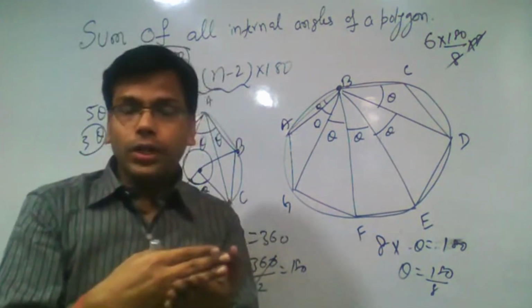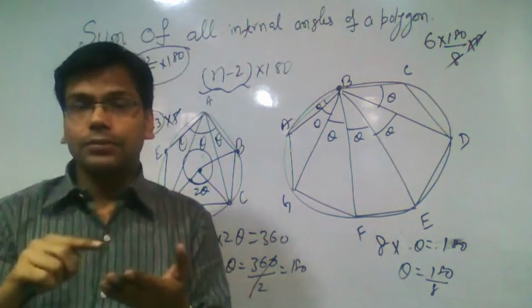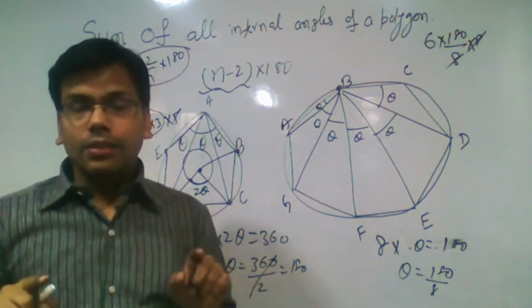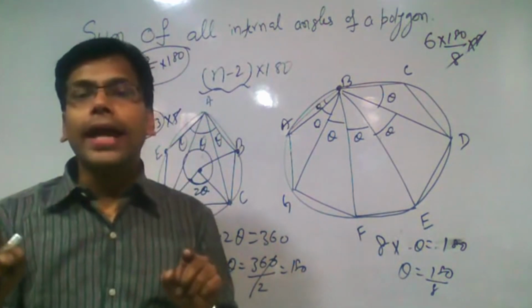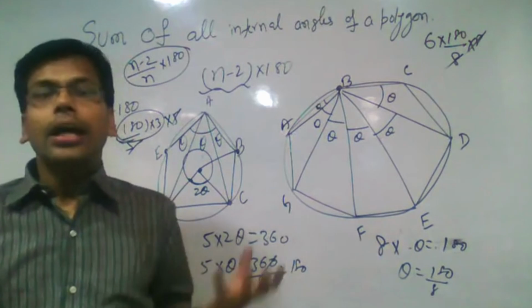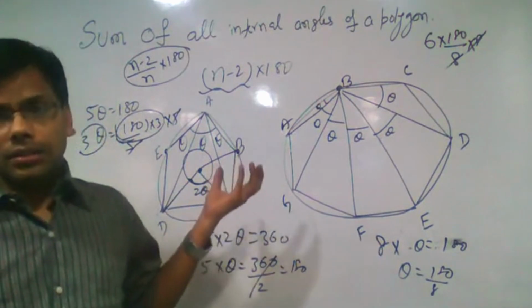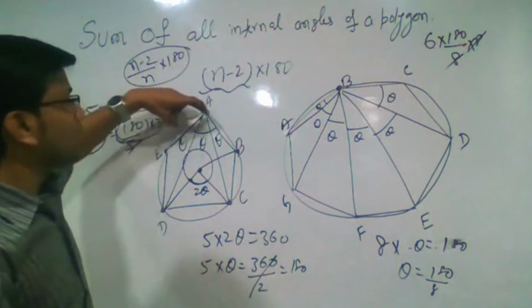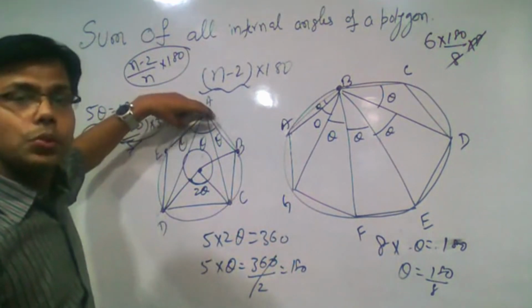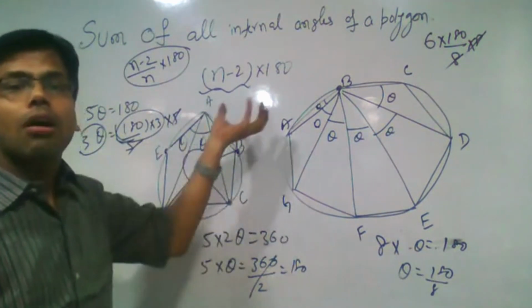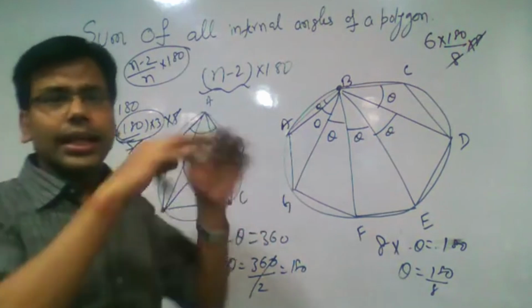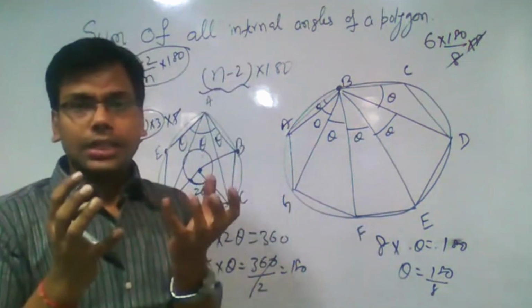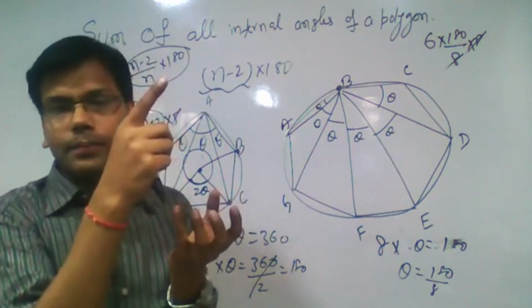So what I am going to say is, if we have a polygon, we are working on n minus 2. N minus 2 is nothing but the diagonal angles, the angles made by the different sides. We are not going to work on these 2 sides. We are working on the rest of the sides. For a 5-sided figure, except these 2 sides, we have 3 sides, so n minus 2 into 180 degrees.